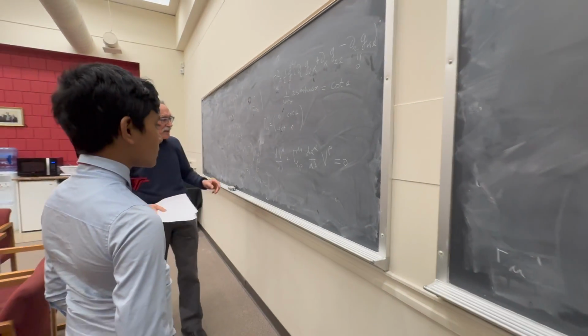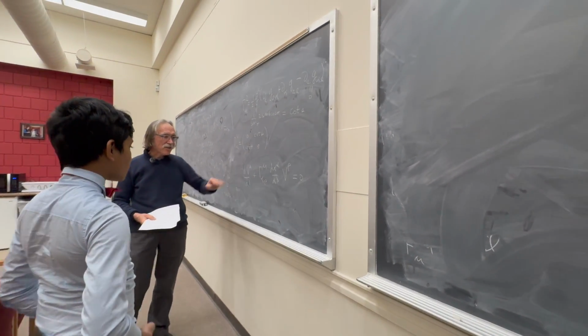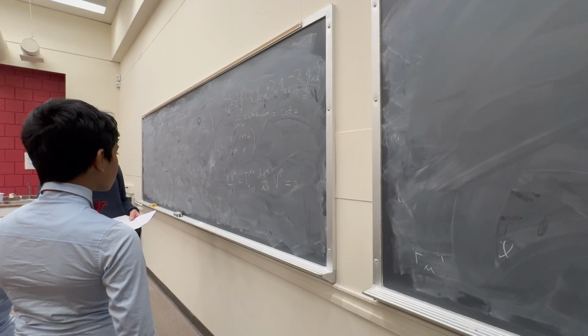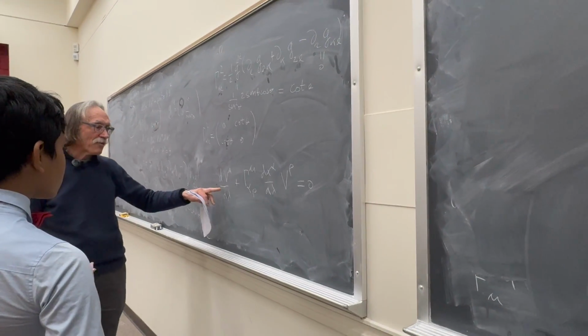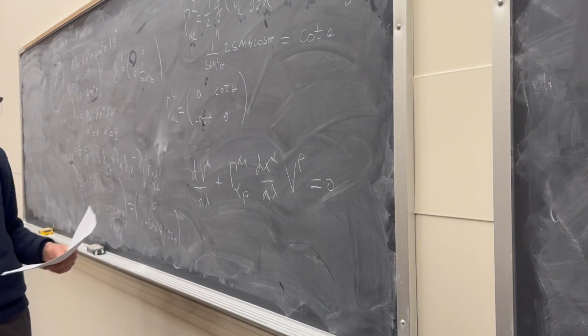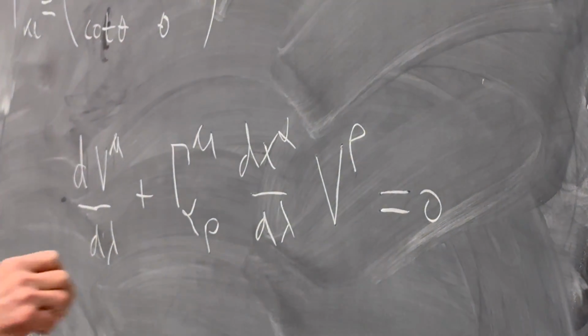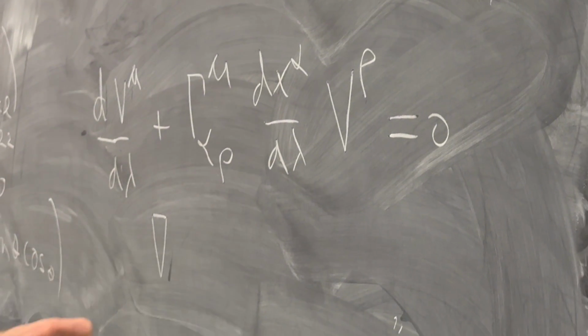So this is what it means that you parallel transport a vector, because this is the covariant derivative along lambda. So this is the covariant derivative.